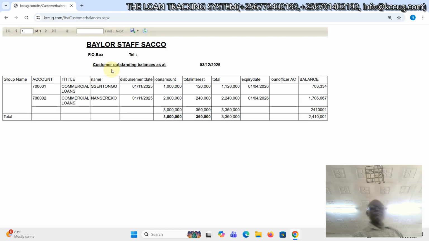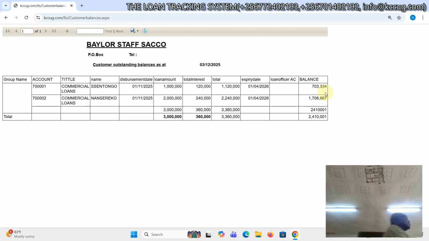So the computer is telling us that for Sentongo, the outstanding loan balance is 703,330. You get it? Excluding the unmatured and matured interest.